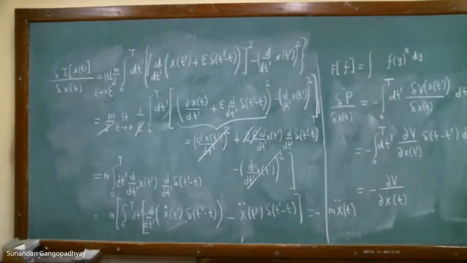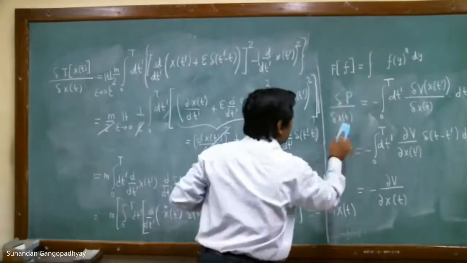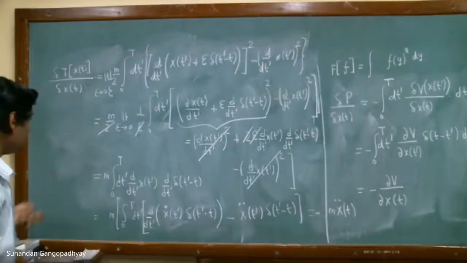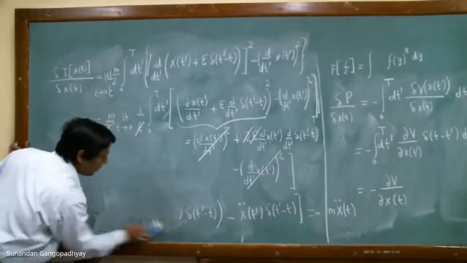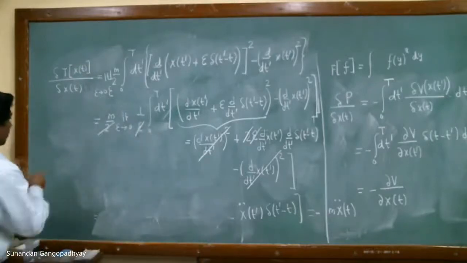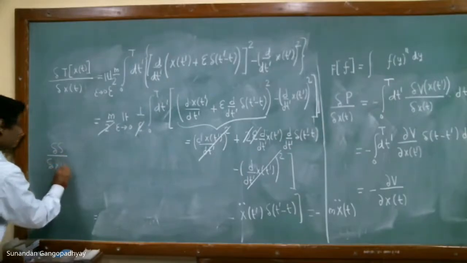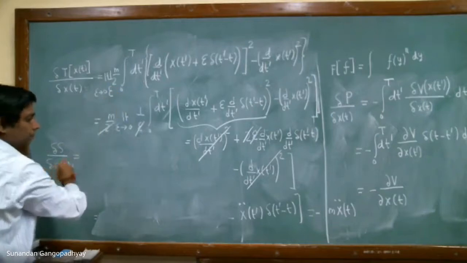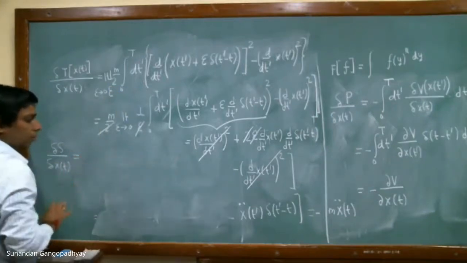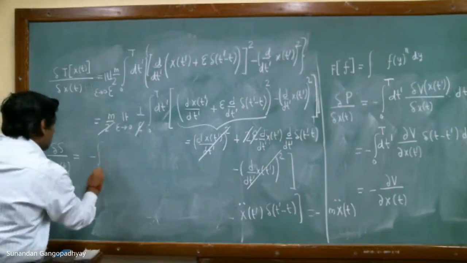And now you have computed the functional derivative of this with respect to this, and also this potential with respect to x. That is the result. We can combine both these results. So our final result will be the following. So delta S by delta x of t is basically now equal to, if you drop the total derivative term, what we will have is the following: integral 0 to t.